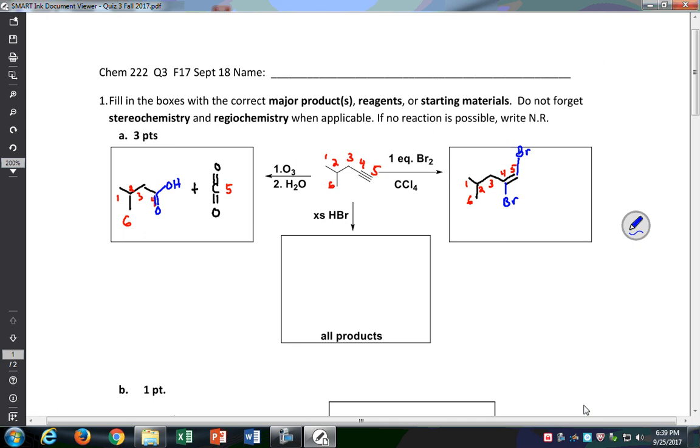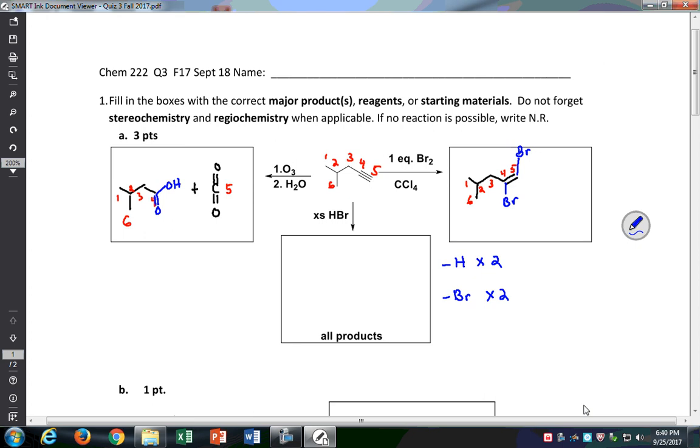Now if we look down, we're adding an excess of HBr. So we're adding H on one carbon and a bromine on the other. We have an excess, so we're doing that twice. Now HBr, when we don't have peroxide present, is it Markovnikov or anti? Markovnikov. So both of our bromines are going to add in Markovnikov position.